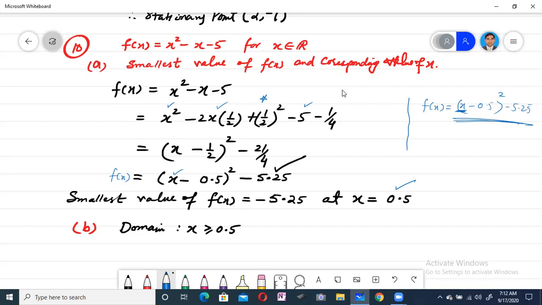Then we can take domain greater than 0.5 or equal to 0.5, because here he's saying in the question, when f inverse exists, domain x is greater than or equal to 0.5. Okay, f inverse exists at the domain x greater than or equal to 0.5. This is the answer.